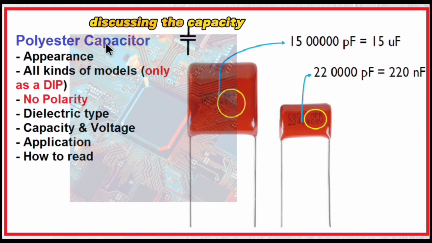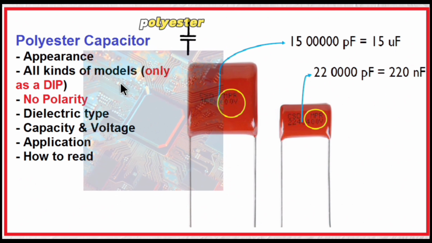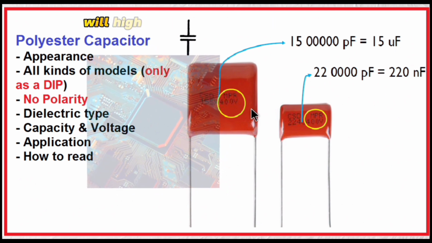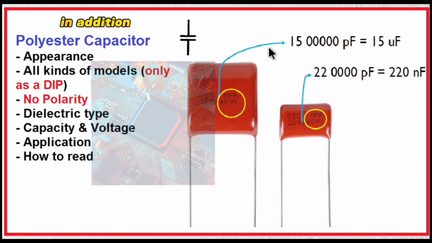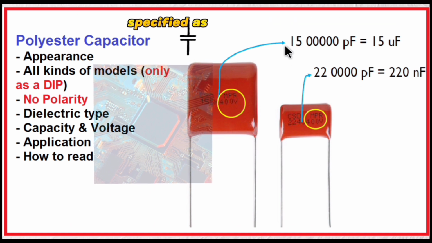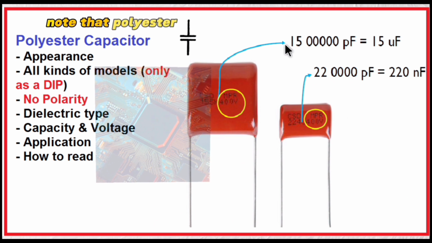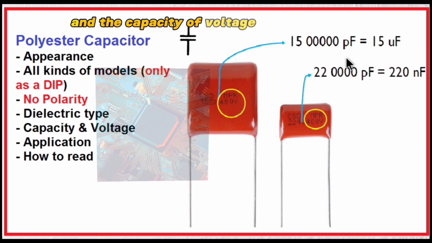Discussing the capacity and voltage and how to read these capacitors. Polyester capacitors with high voltage are written on them, in addition to the fact that this capacity is specified as 3 digits. Note that polyester capacitors don't have polarity and their capacity and voltage are also high.